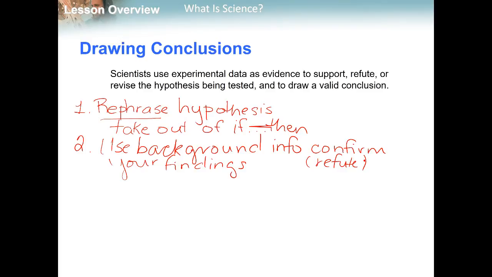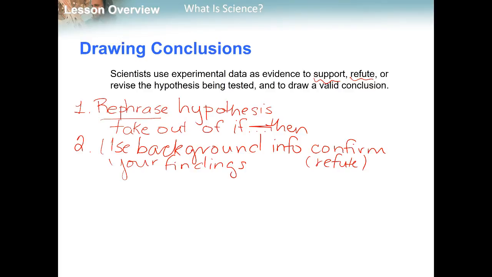Maybe your hypothesis was wrong. And refute means to be proven wrong. So here's that refute. Confirm would be support. Refute would be to say, hey, this is totally wrong. Elves do not paint the blades of grass, period. Okay? So you're going to use that background information to confirm those findings or refute those findings.